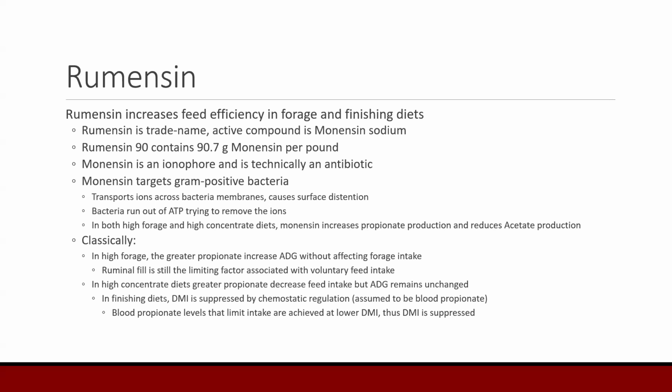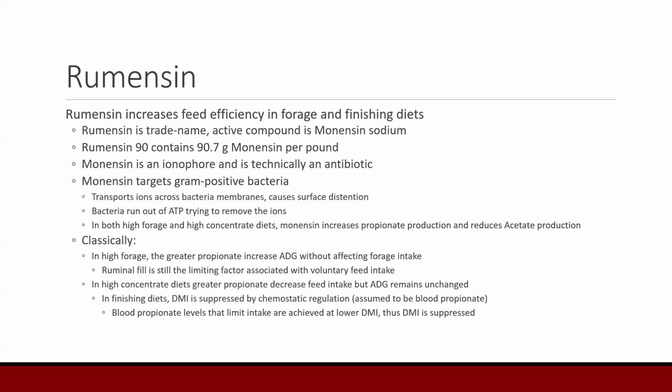Okay? So, monensin, we'll talk more about this and its modes of action tomorrow, but monensin is an ionophore that targets gram-positive bacteria within the rumen. So it kills gram-positive bacteria. Whenever it kills those gram-positive bacteria, it allows gram-negative bacteria to proliferate.